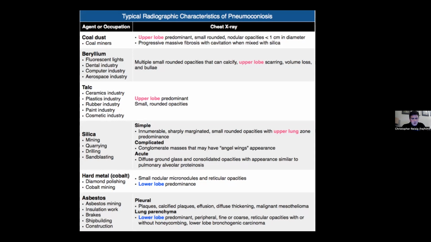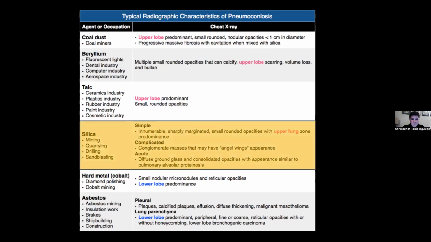And really annoying is knowing where these hypersensitivity pneumonitides are more likely to occur. Things like asbestos and cobalt mining tend to be lower lobe processes. Silica, beryllium, and coal miners' lung tend to be upper lobe.